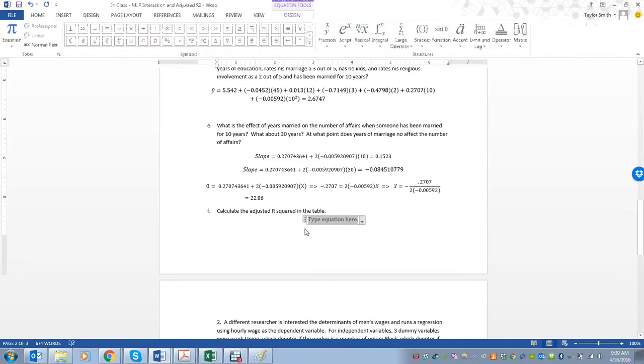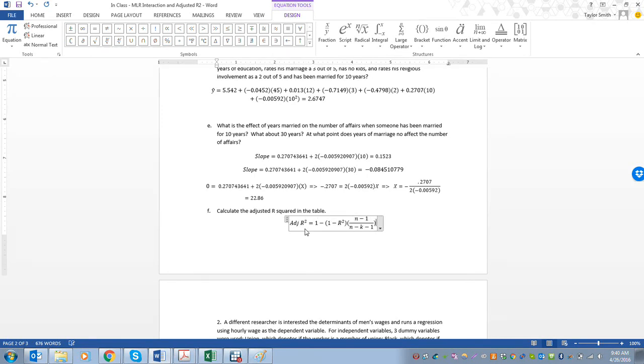Let's create an equation here. Its formula is 1 minus R squared times n minus 1, divided by n minus k minus 1.